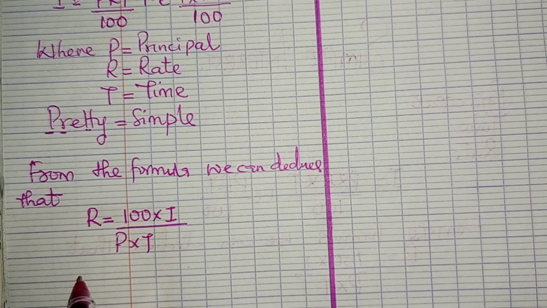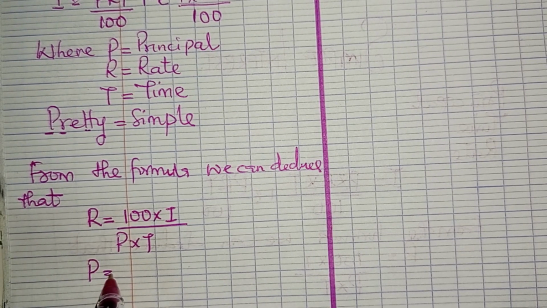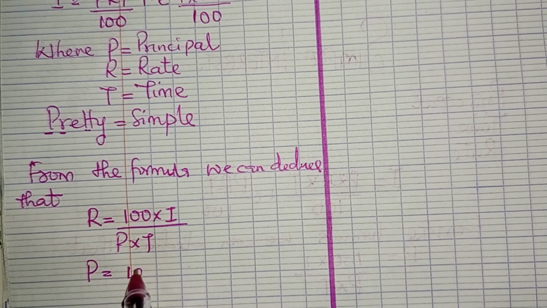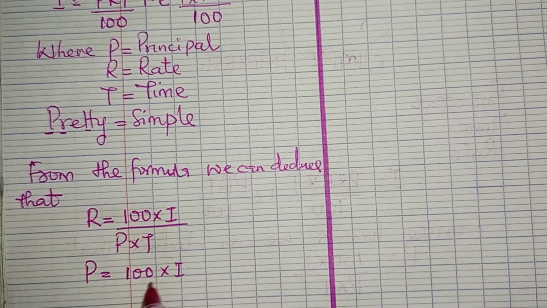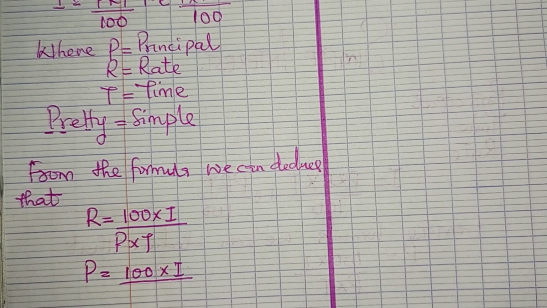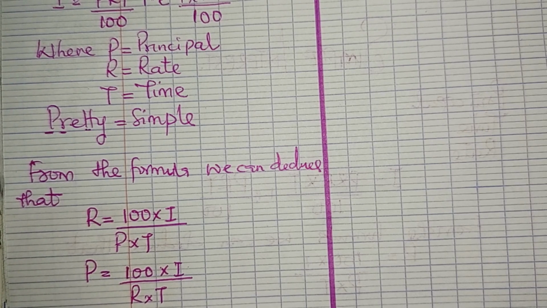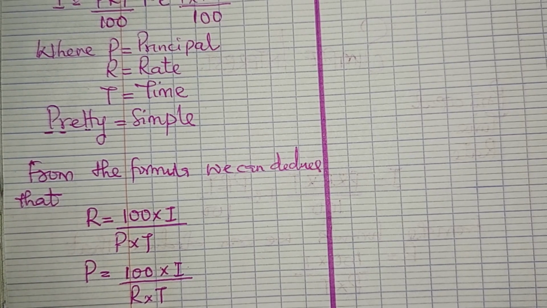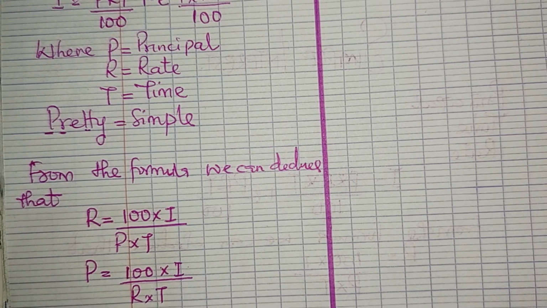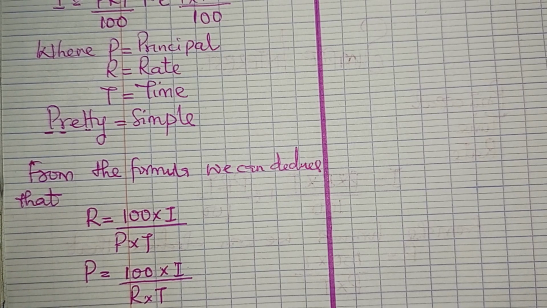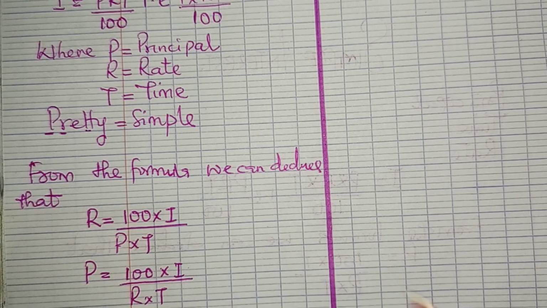And we can equally deduce that principal is equal to 100 multiplied by interest divided by rate multiplied by time, and we can equally deduce that T is 100 multiplied by interest all over principal multiplied by rate.